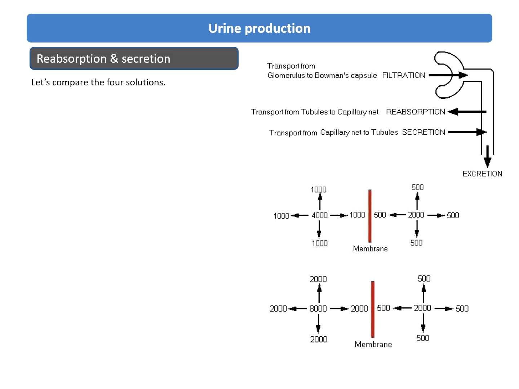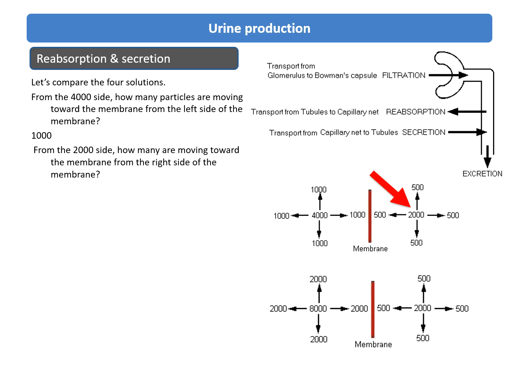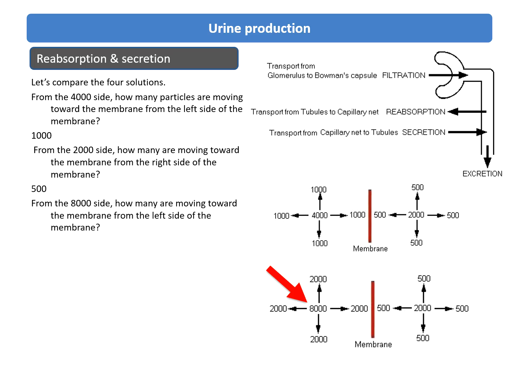You see now the number diffusing in each of the 4 directions is shown. From the 4,000 side, how many particles are moving toward the membrane from the left side of the membrane? 1,000. From the 2,000 side, how many are moving toward the membrane from the right side? 500. From the 8,000 side, how many are moving toward the membrane? 2,000.